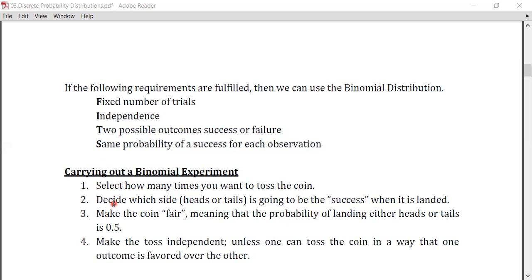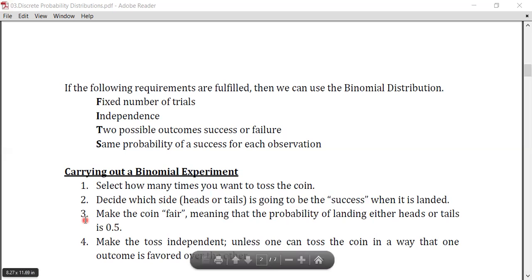Therefore, at the beginning, according to your experiment, you must decide which side should be your success. It may be head or it may be tail. As an example, if you consider head as the success, then tail will be the failure. The other way around also, you can consider tail as success, therefore heads will be the failure.